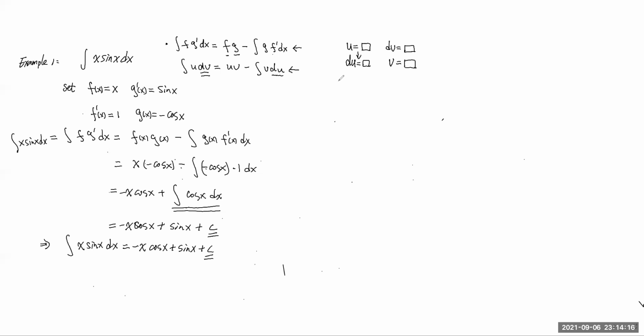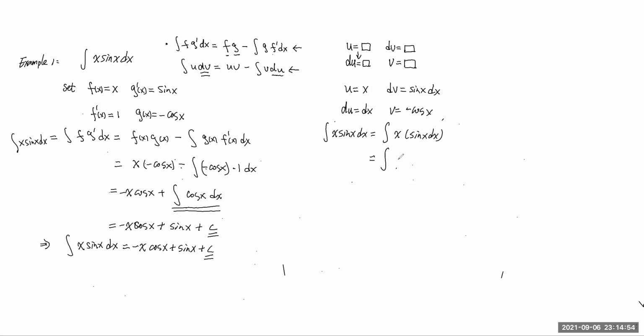So we have u is x, dv is sine x dx, and du is dx, v is negative cosine x. And then we have the integral of x sine x dx.